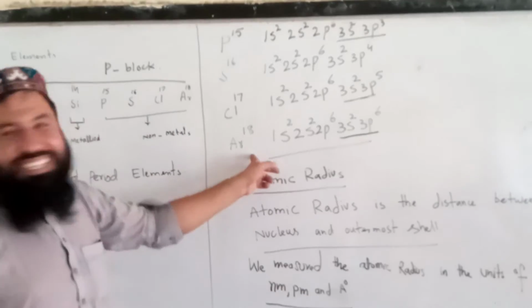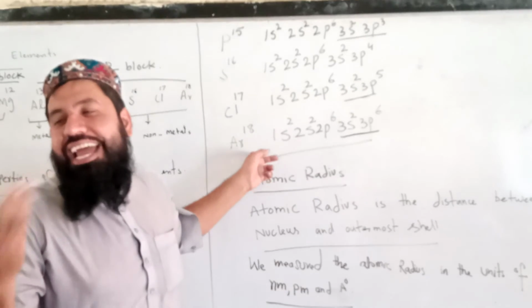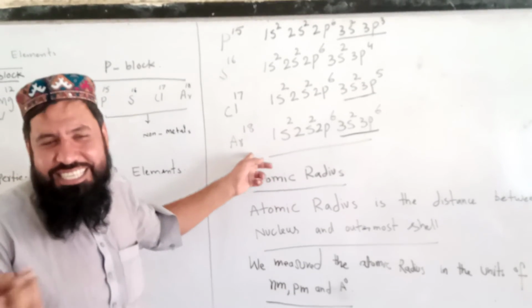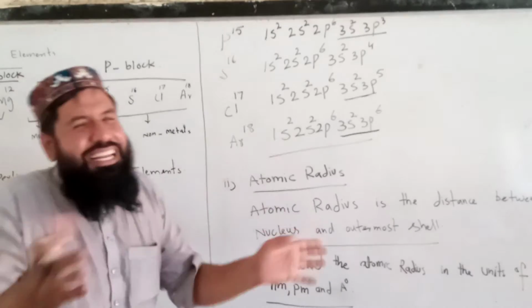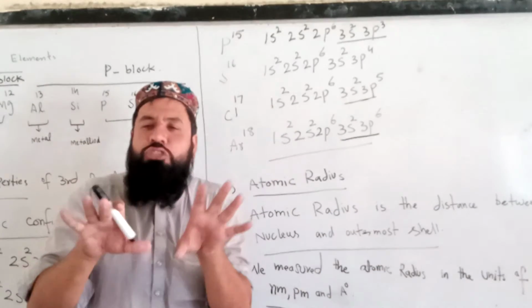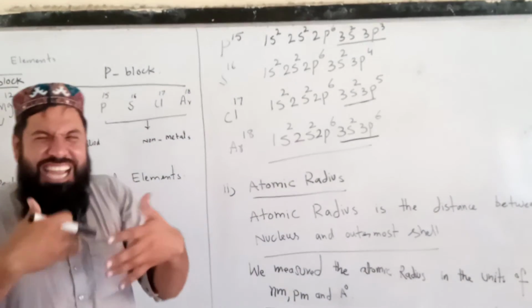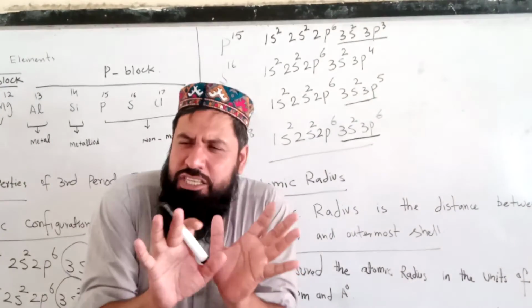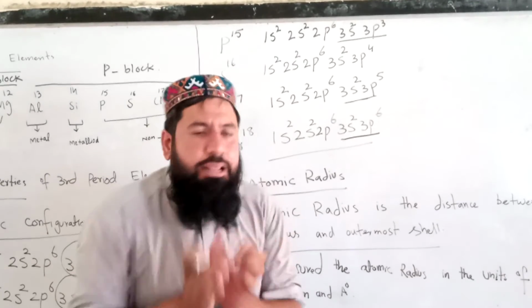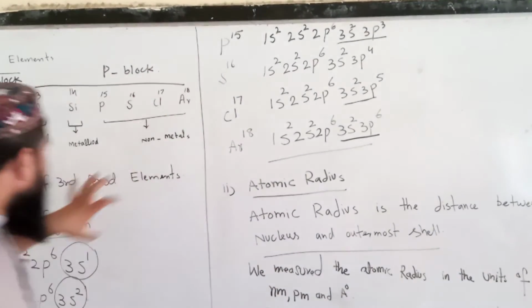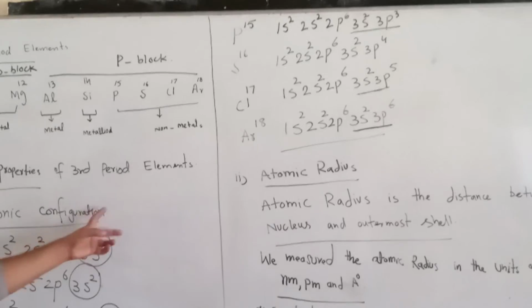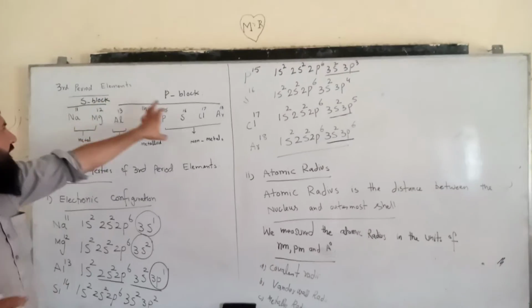So argon is called a noble gas. That is the reason argon is noble. It has completed its outermost shell, so it reacts very hardly. It remains inert. That is all about the electronic configuration of the third period elements.